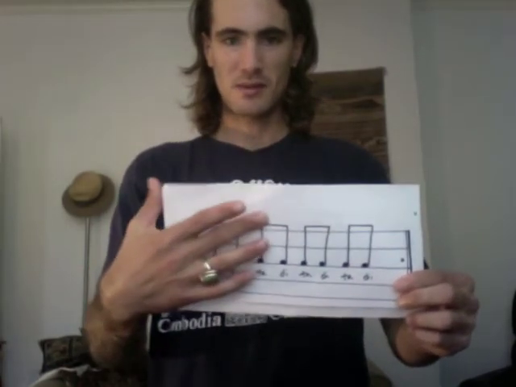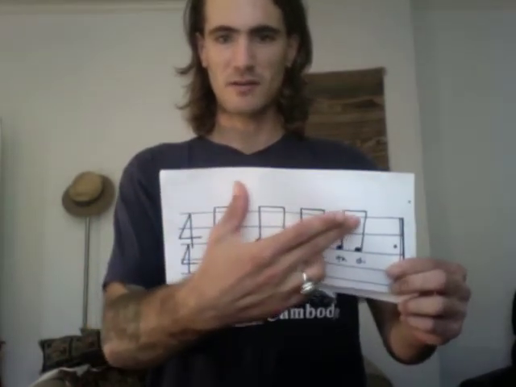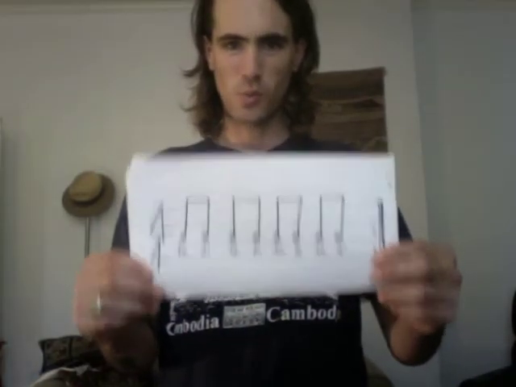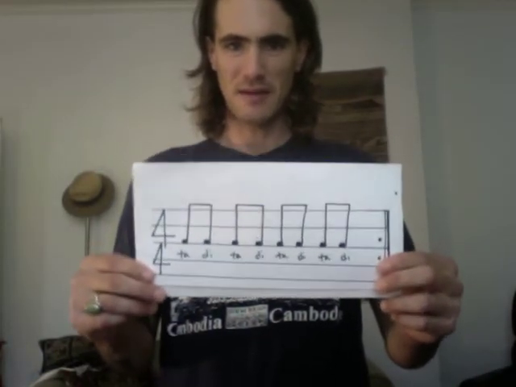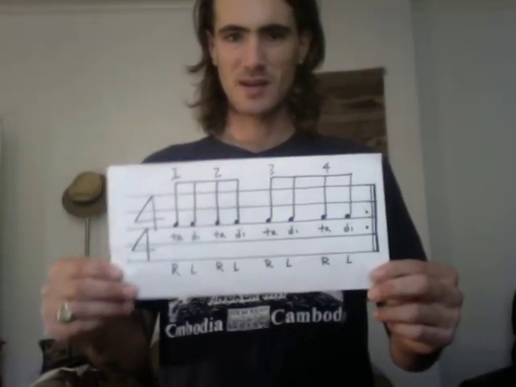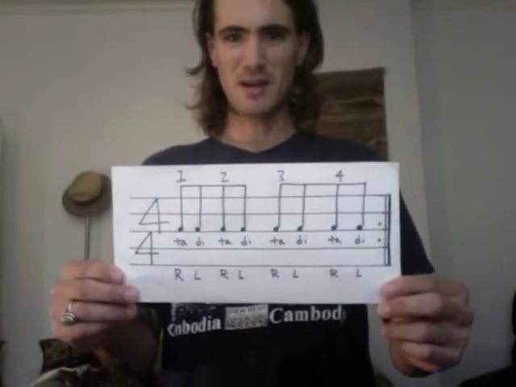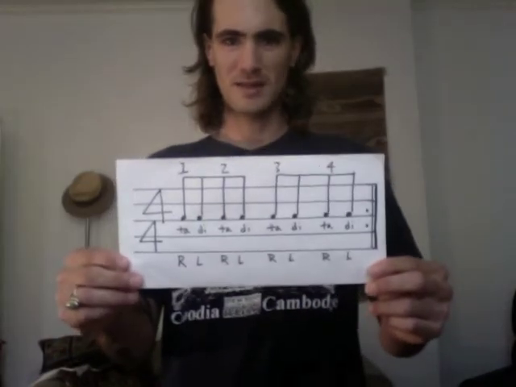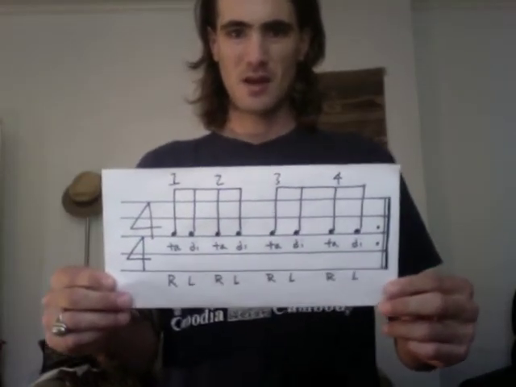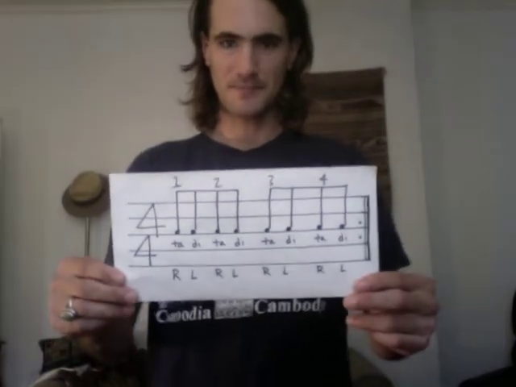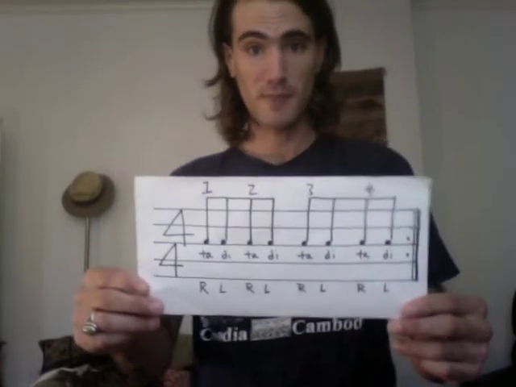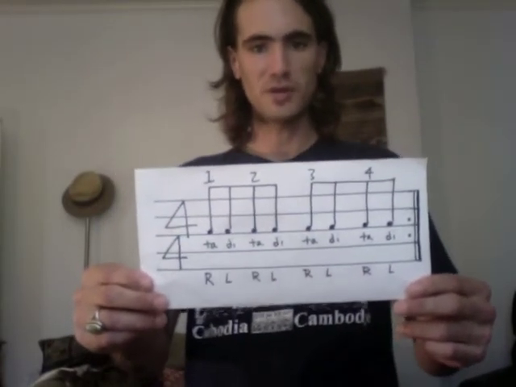You can see that each collection of 2 eighth notes has 1 beam. That is one way that you can write out eighth notes. Another way to write eighth notes is to beam them into collections of 4 like this. That's another common way you might see that, just so you're prepared for all of your music reading adventures.